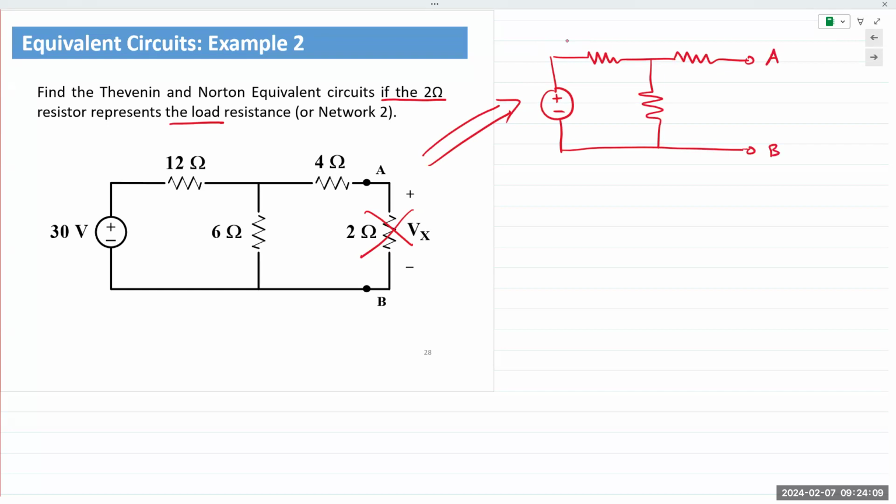A and B. This is 12 ohms, 4 ohms, 6 ohms, and a 30-volt source.